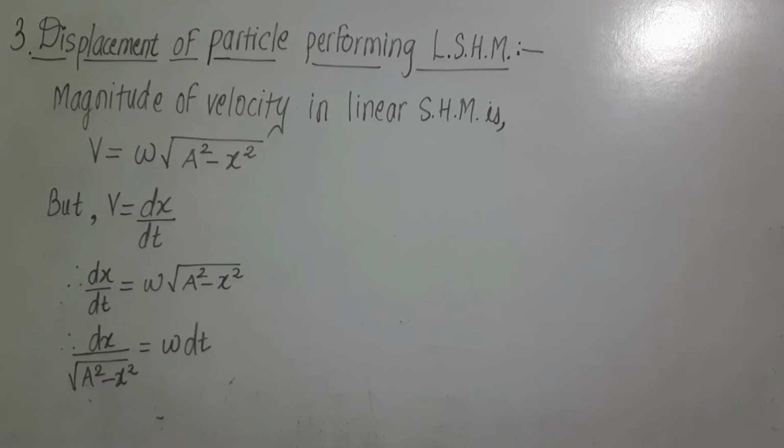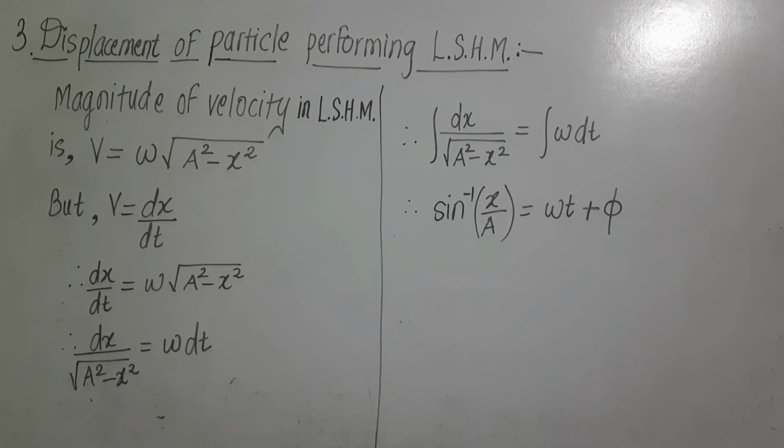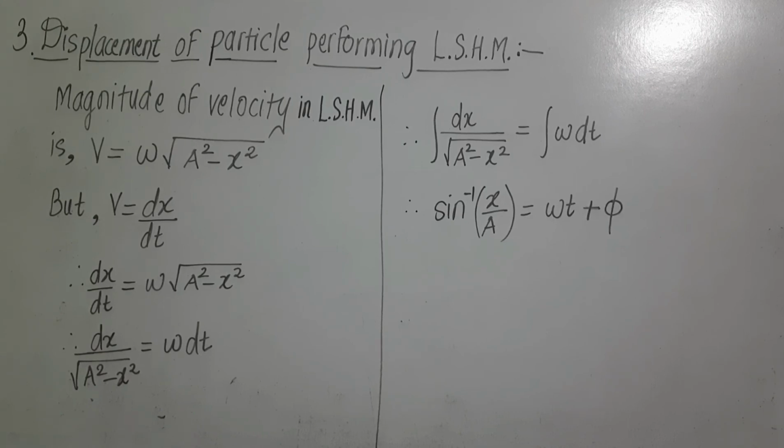Now integrating both sides and applying the integration formula, the integration of dx upon root a square minus x square is sine inverse of x upon a, and the integration of omega dt is omega t plus phi, where phi is the constant of integration and it is called the epoch of SHM.